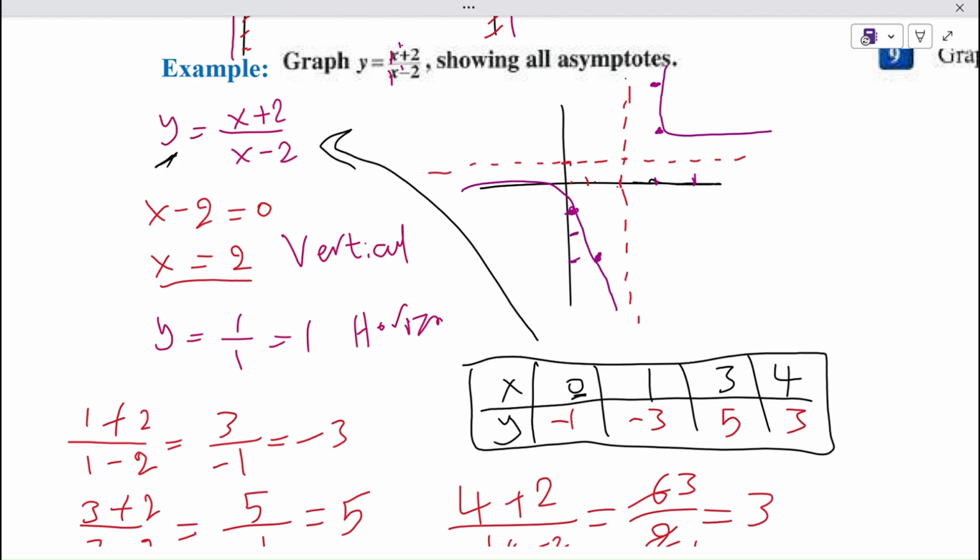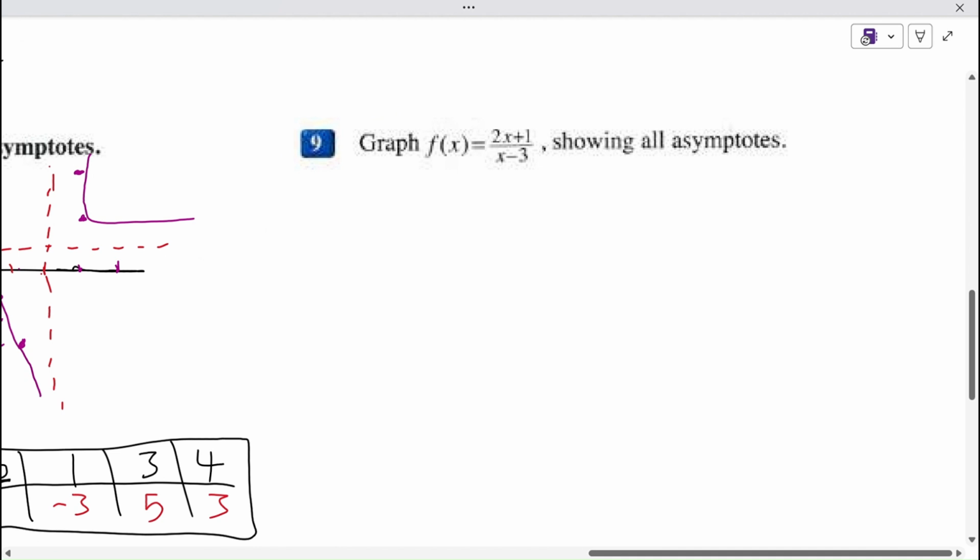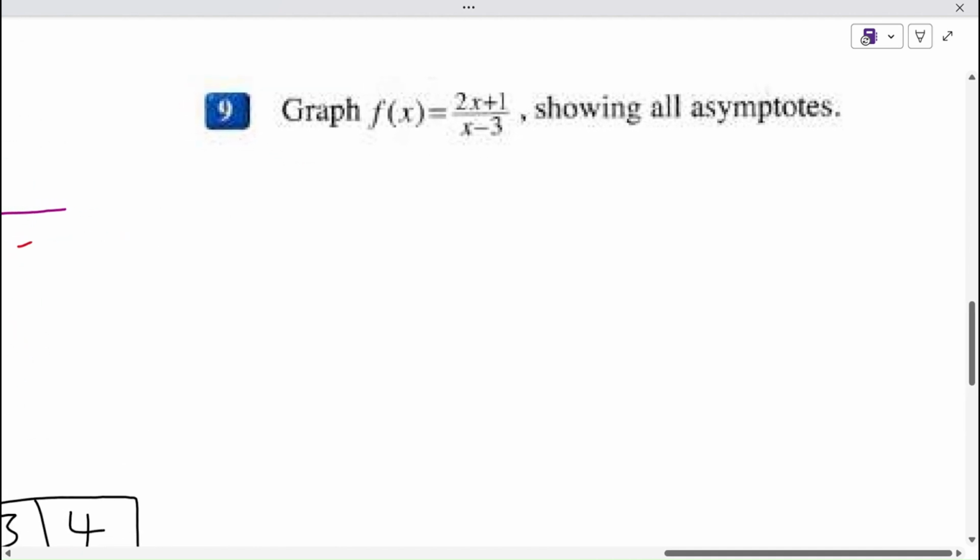Okay. And for solving this example, again, you have to find all the asymptotes. At first, we can simplify this. To find the vertical asymptote, set the denominator equal to 0, then x is equal to 3.